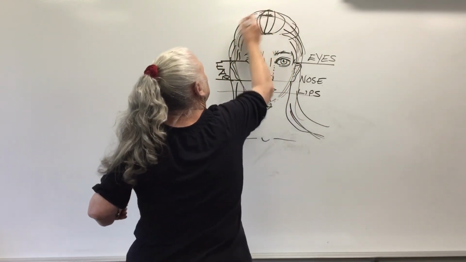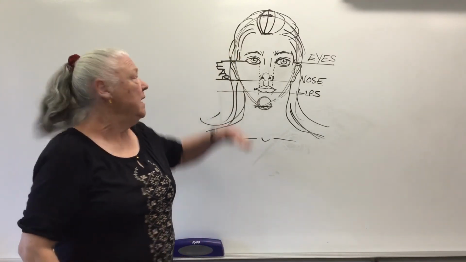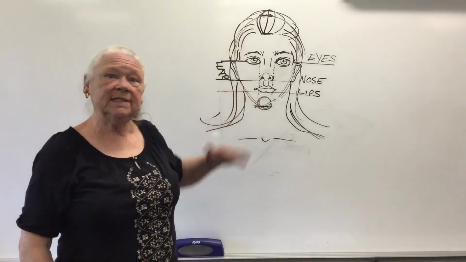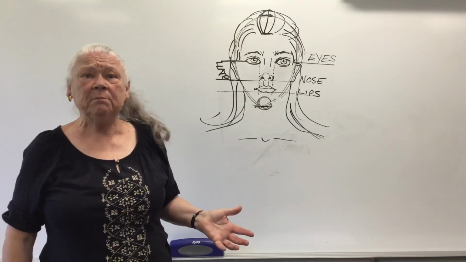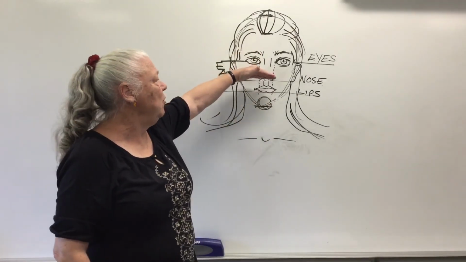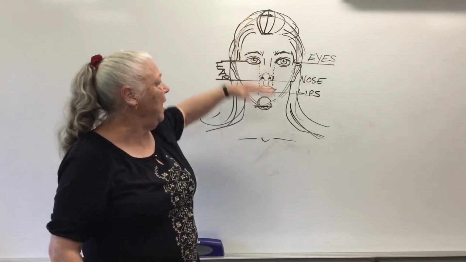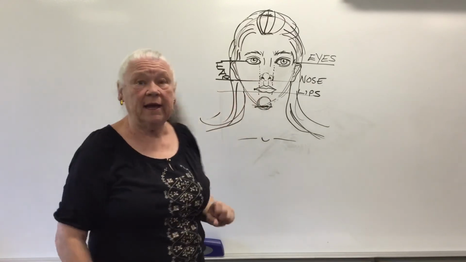And it goes over the top of your head, like that. Now this is the proportion. This doesn't look like anybody in particular, but it's the correct proportion of eyes, nose, mouth, ears, head and chin, or top of the head and the chin, and your neck, okay?